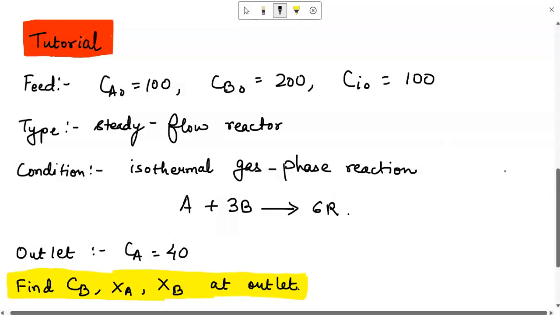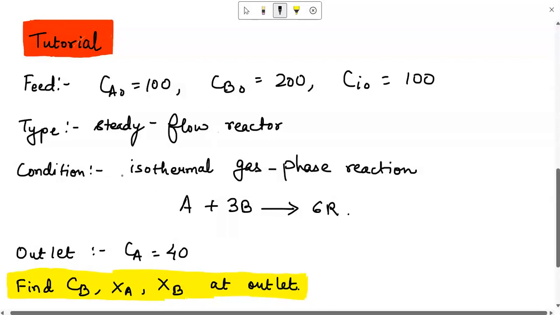So, we have a question here. I have taken this from one of the example problems in Octave Levenspiel that I referred to in general for all the lectures. Here we have considered a feed where CA0 is 100 units, CB0 is 200 units, and there are also inerts CI0 of 100 units. The reactor in use is a steady flow reactor.